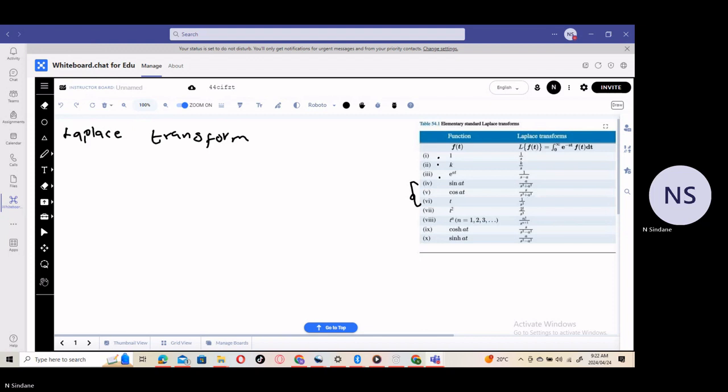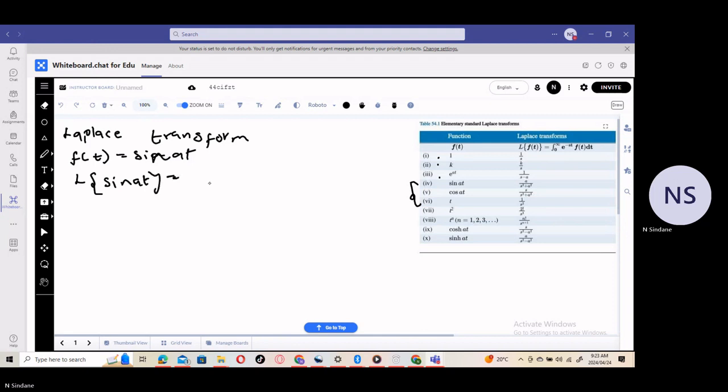So let's begin. So we will have f of t in this case being equal to sine of at, right? Meaning we're doing the Laplace transform of sine at, right?